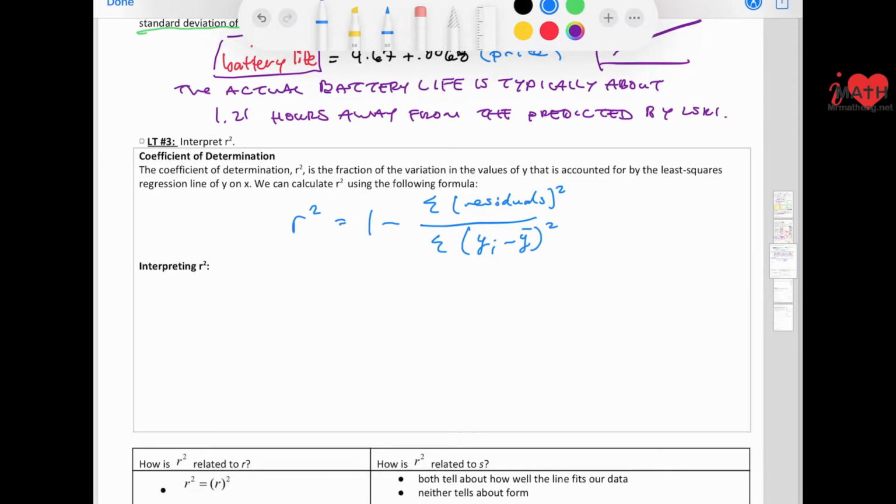So how do you interpret r squared? Well, you're going to make the sentence frame.